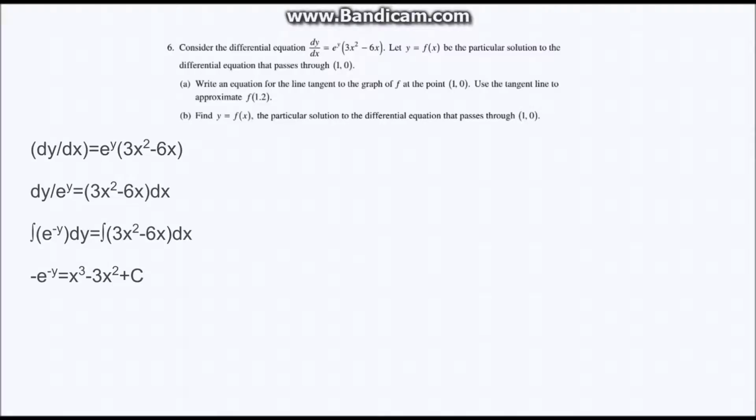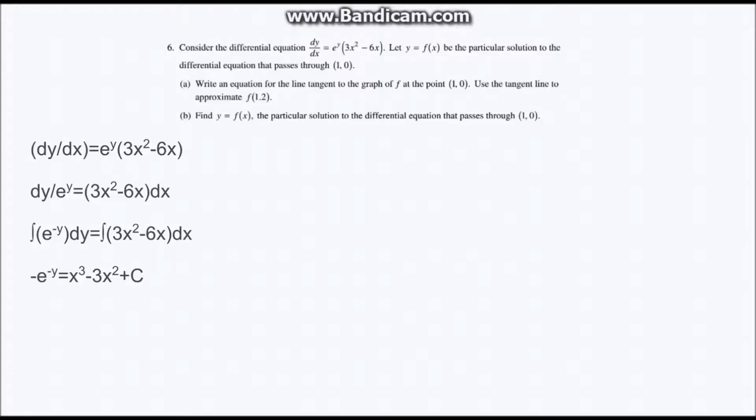We divide both sides by e to the y, and we get dy divided by e to the y. Then we multiply both sides by dx, and we get (3x squared minus 6x) times dx. And because e to the y is in the denominator, we can write it as e to the negative y.